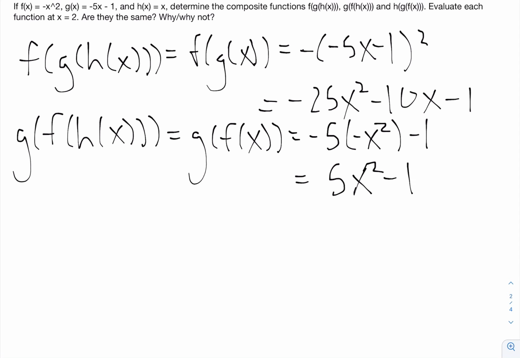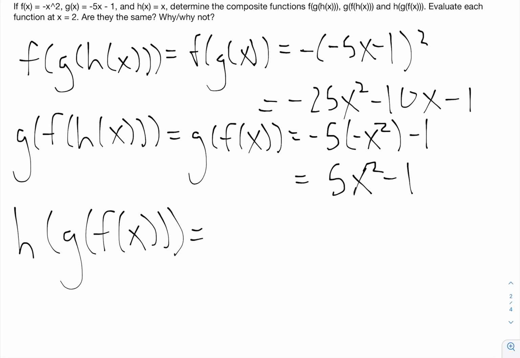Now we're going to go h of g of f of x. So this shouldn't take too long, because h of x is just x. So for h of g of f of x, if we replace the x's in g with f of x, we got g of f of x here to be 5x squared minus 1.